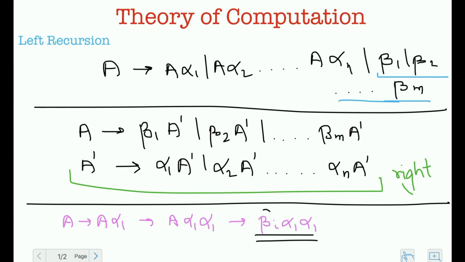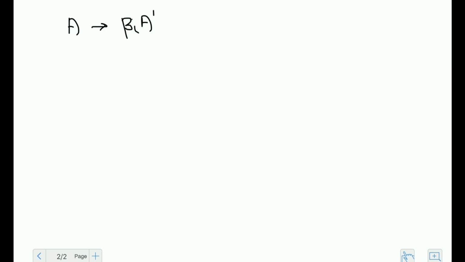So I start with an A, and that goes to beta i A prime. So I've gotten the beta i right here. I have an A prime here, and A prime, as you can see, can go to alpha 1 A prime.